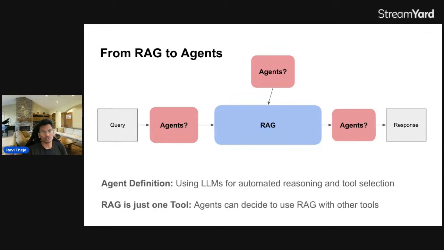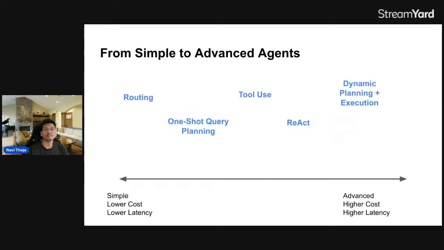So an agentic definition can be using LLMs for automated reasoning and tool selection, right? Given that we have different types of queries, we can use LLMs for automatic tool selection or reasoning. RAG is one of these tools, so the agent can decide to use one of these RAG tools as well. So this is where we go from a simple notebook to advanced agents: routing, one-shot query planning, tool use, ReAct, and then dynamic planning and execution.